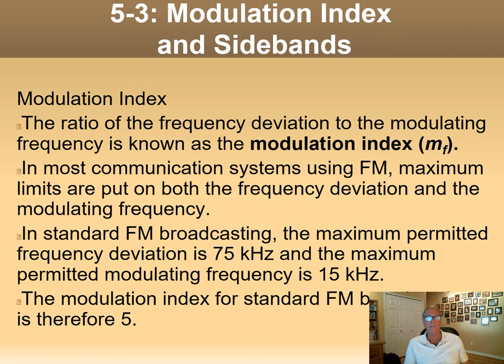So in FM broadcasting, for your listening to your radio, the maximum permitted frequency deviation is 75 kilohertz. That's the maximum representation of your carrier deviation, the furthest away from the carrier you're going to get. In that 100 megahertz example I just gave you, I said it'd be a 1 megahertz modulation.